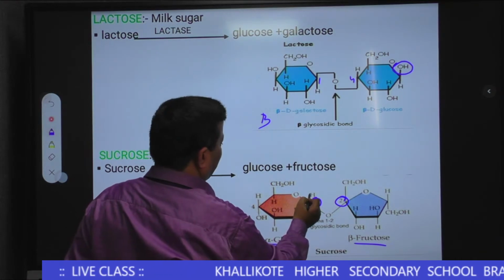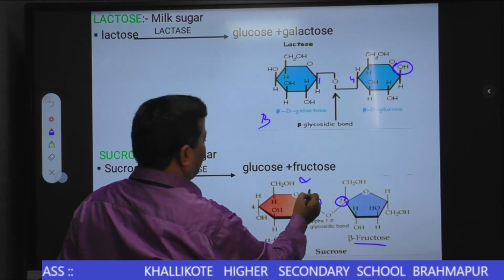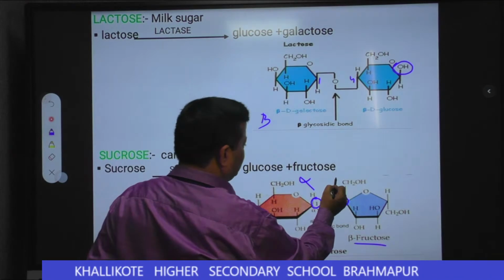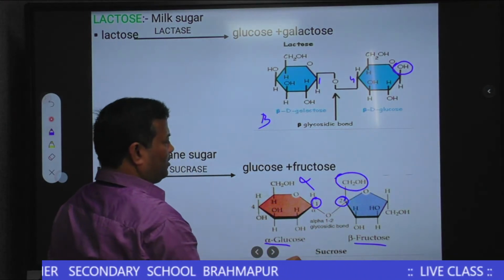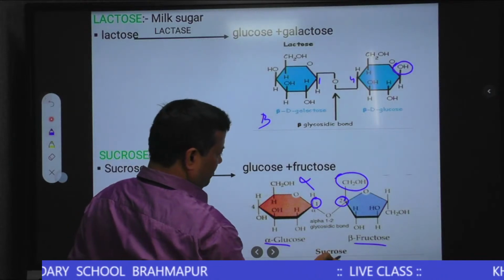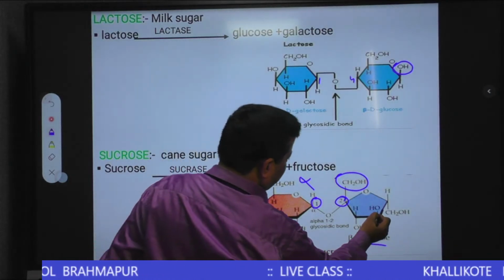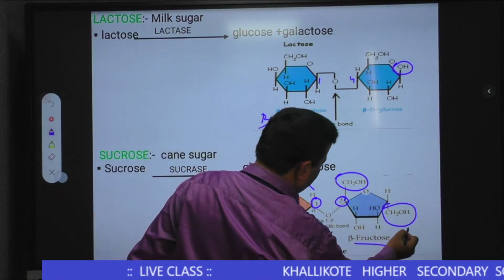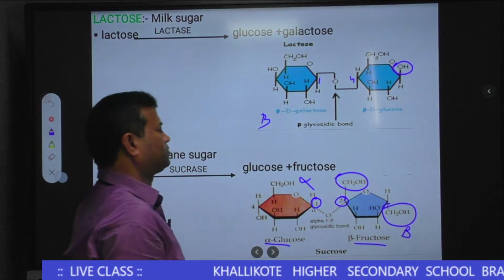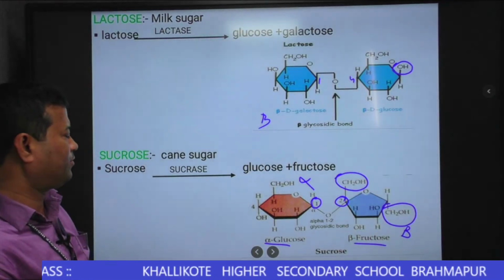Here H is located at the above position, this is the alpha form of glucose. CH2OH is located in the above position, so this is called beta fructose.